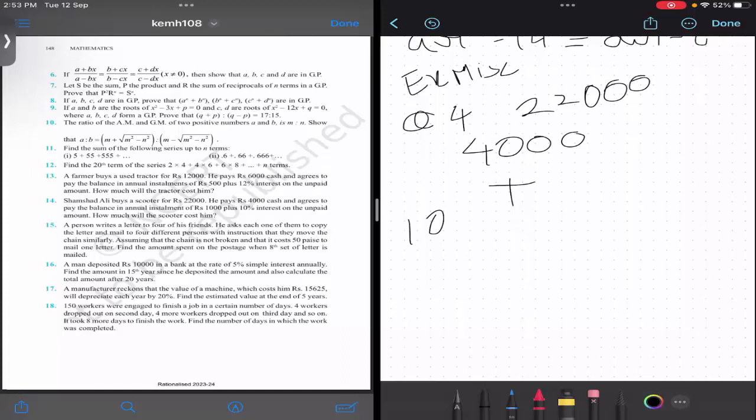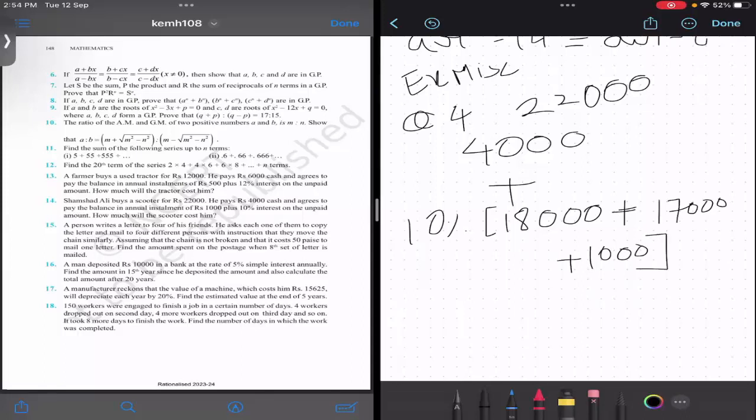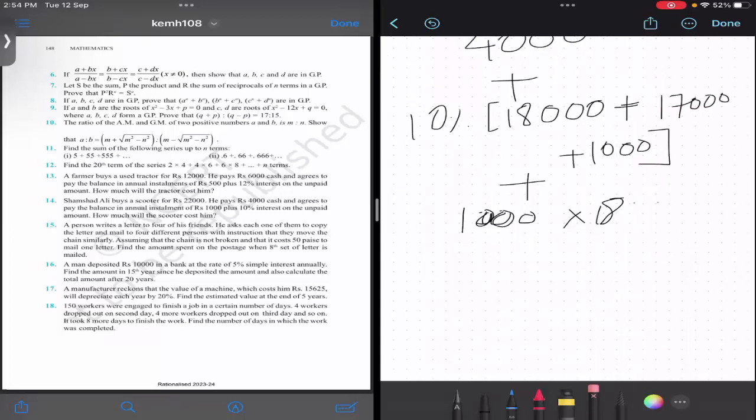So for the first year he pays 10% on 18,000, plus next year he is going to pay on 17,000 up until 1,000, right? And the amount of installments that he is going to pay are 1,000 plus 1,000 up until this amounts to 18,000. So the other amount in installments of 1,000 that gets deducted from the principal is going to be 1,000 into 18.